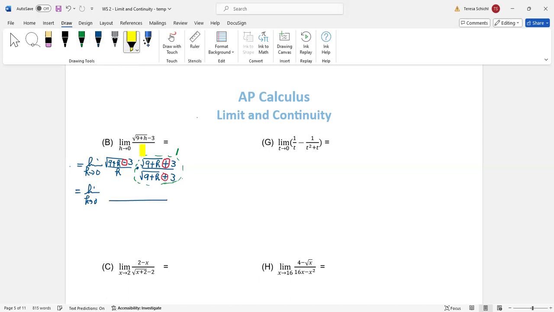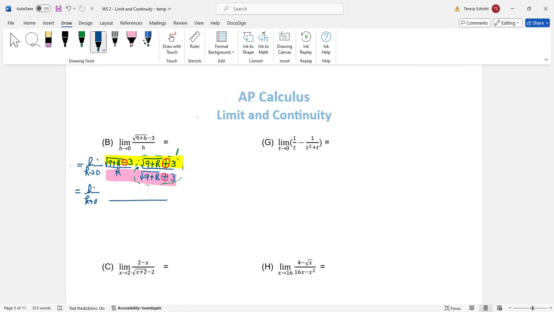Now the next step will be to multiply the numerator and multiply the denominator. A lot of students get confused here. They say, oh, the conjugate, so they just do the plus 3 and forget you need to divide by exactly the same number. Then you multiply the top.